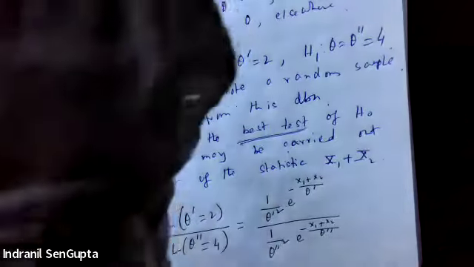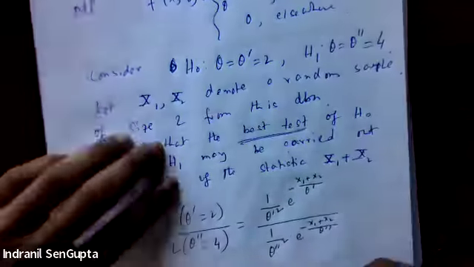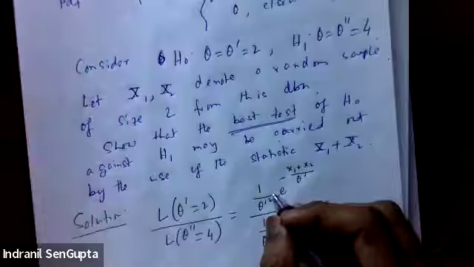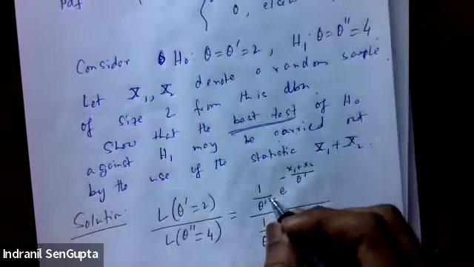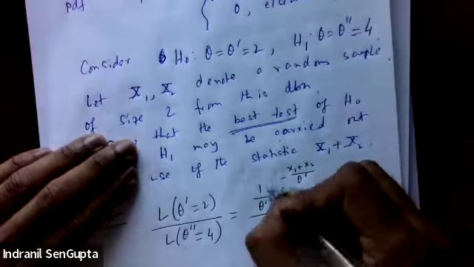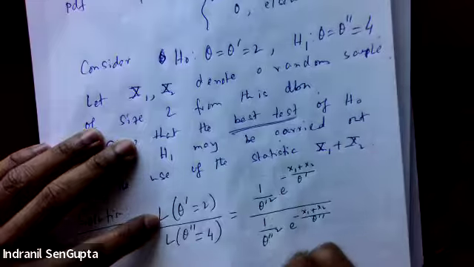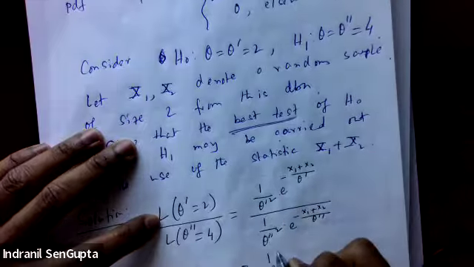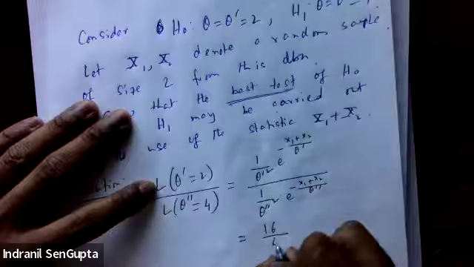So this is the test statistic. If I compute these numbers, theta double prime is 4, so it's basically 16 over 4.